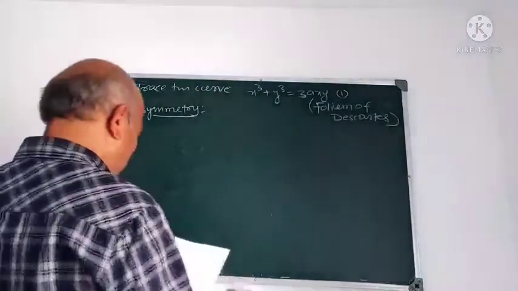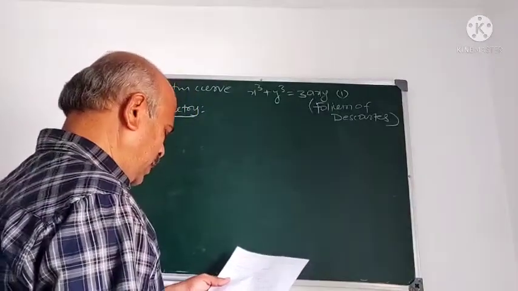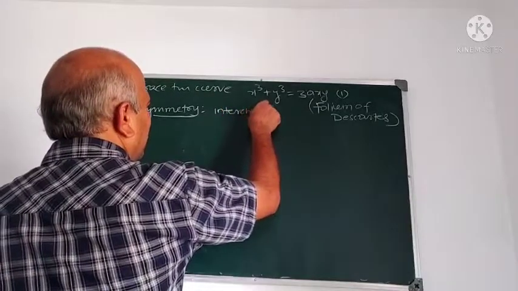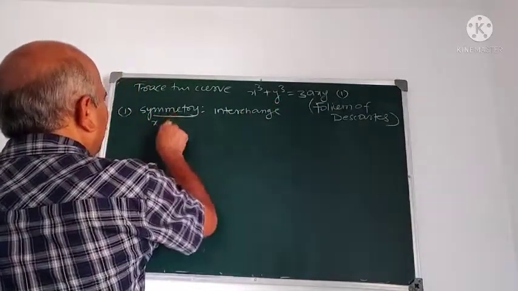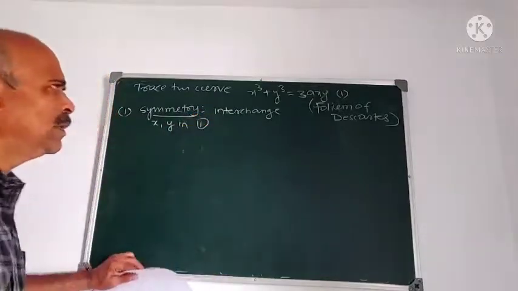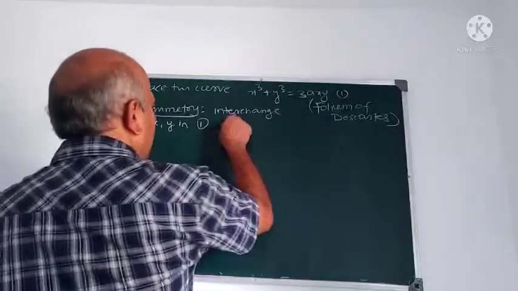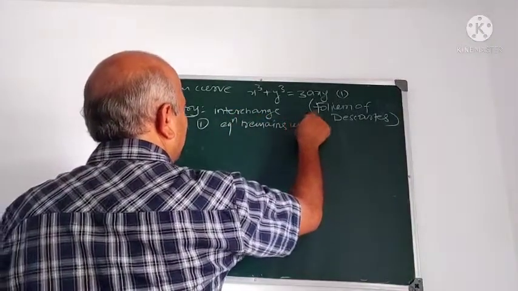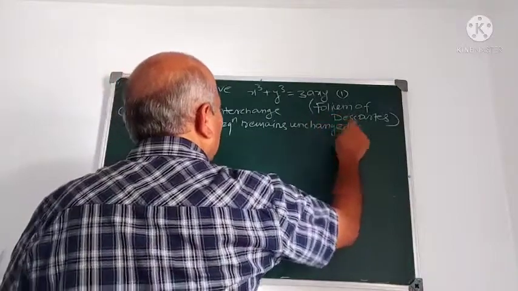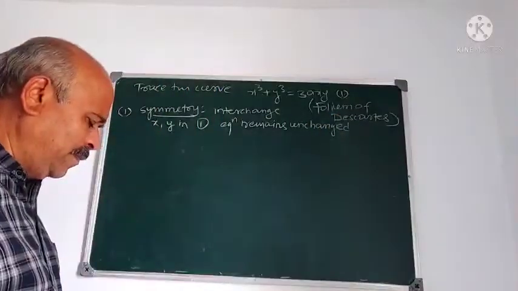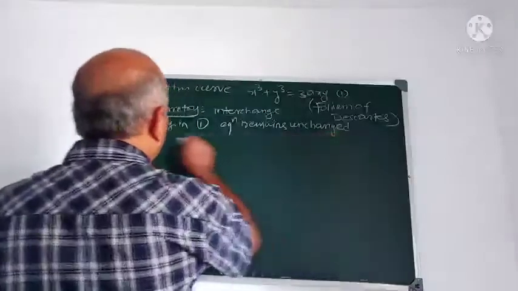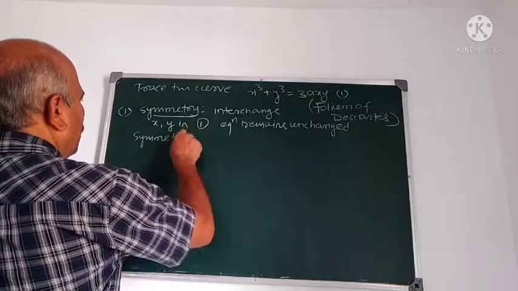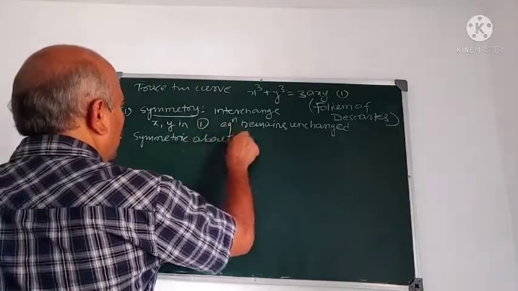But the important thing is, if we interchange x and y in 1, the equation remains unchanged. So the curve is symmetric about the line y is equal to x.